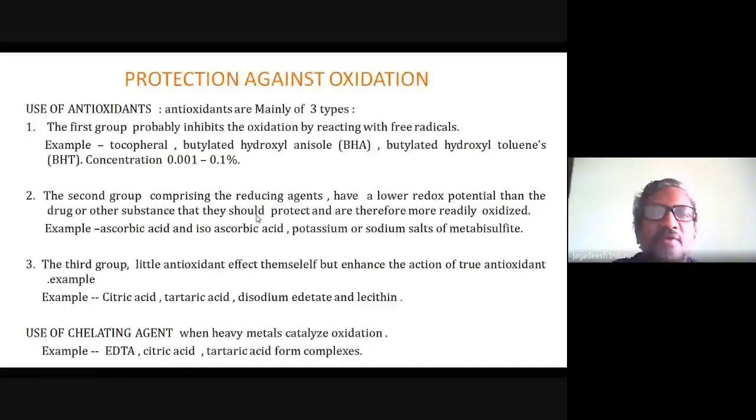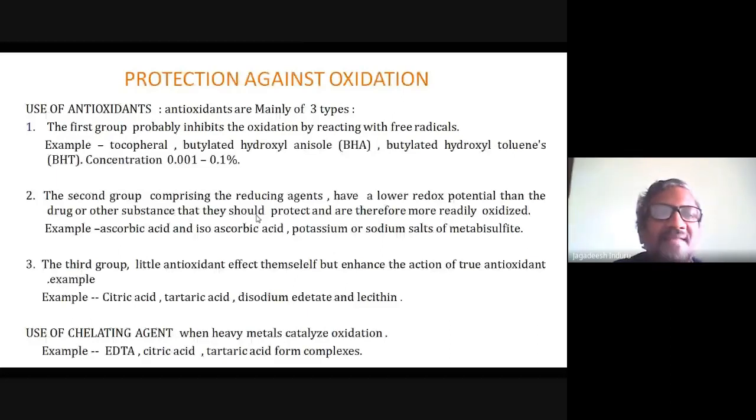Most of the time, 0.01% is the amount which you are generally adding. It is sufficient to scavenge the free radicals, and they will be reducing the free radical chain reaction, and oxidation will not be present, and your product will be protected. This is one way we are going to have this antioxidant activity.